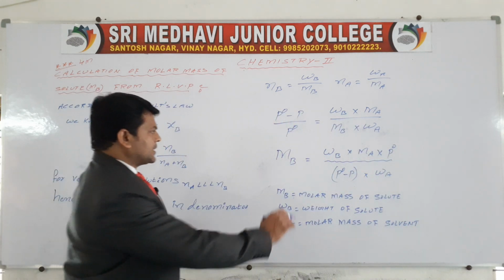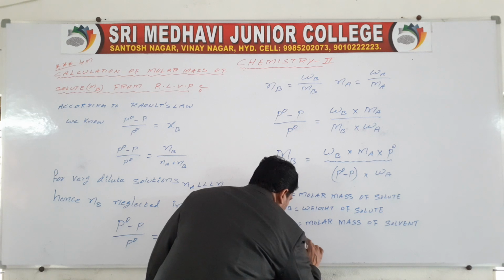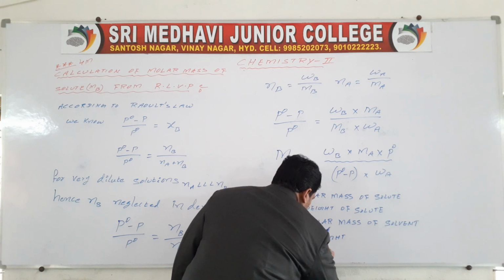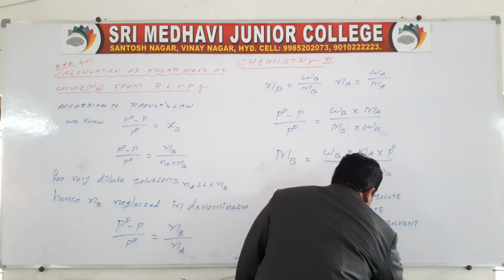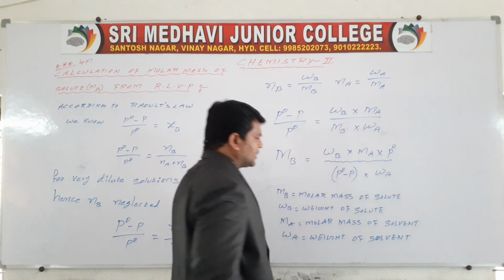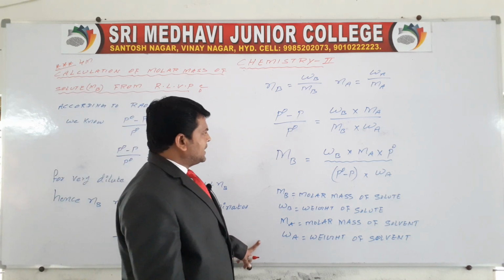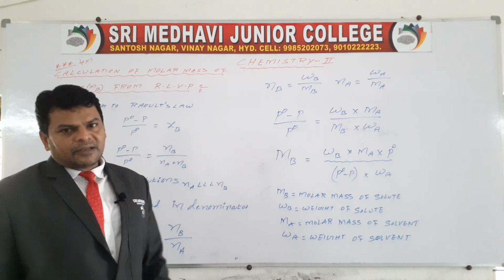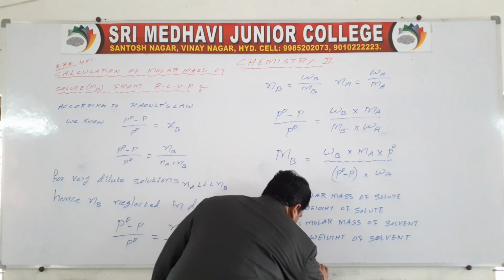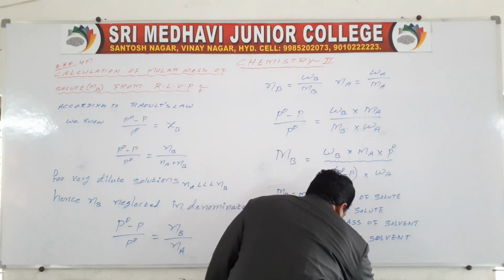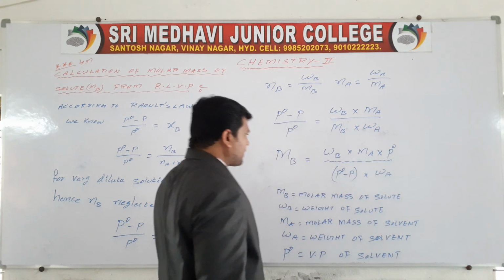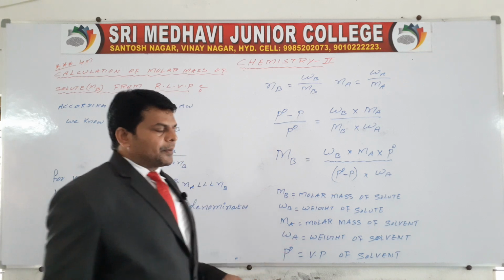WA means weight of solvent. Got it? So what's remaining? P naught. You know P naught equal to vapor pressure of the solvent. Okay. P naught minus P, lowering of vapor pressure.